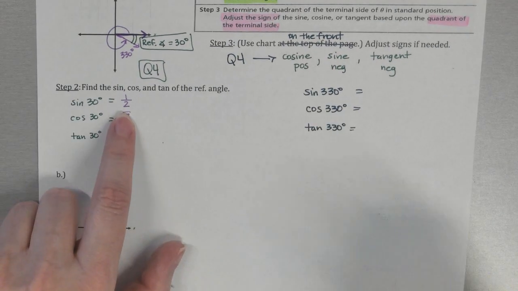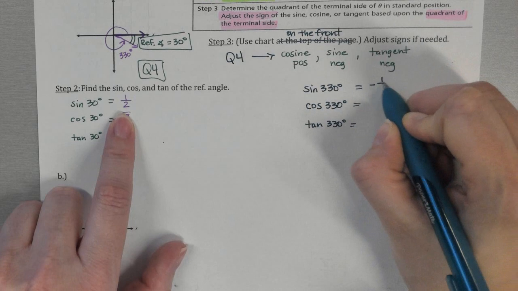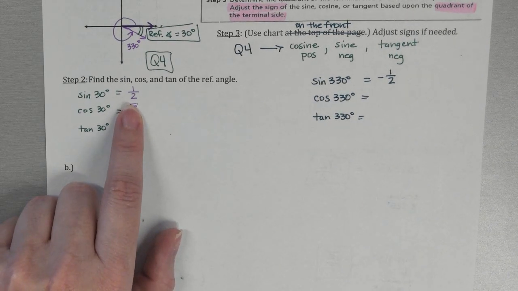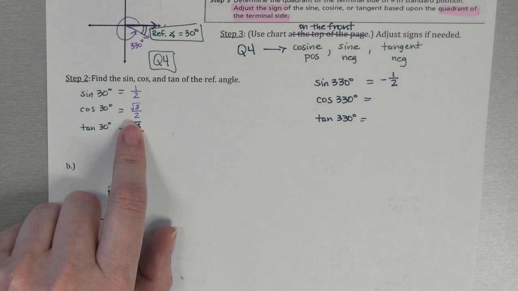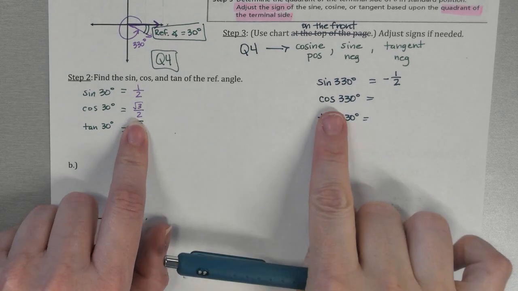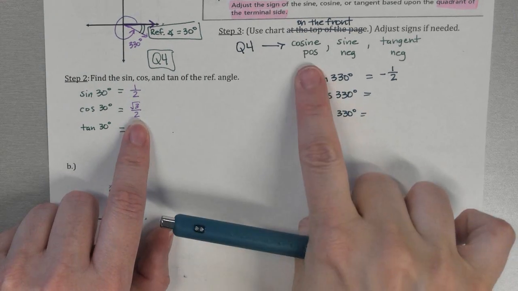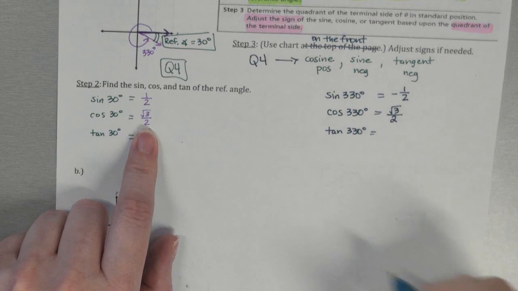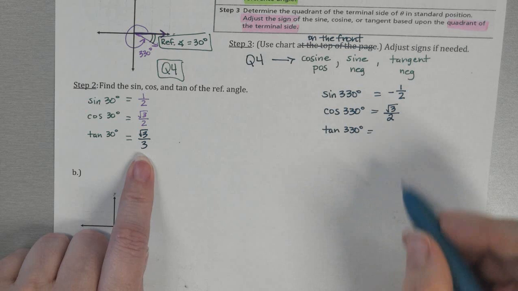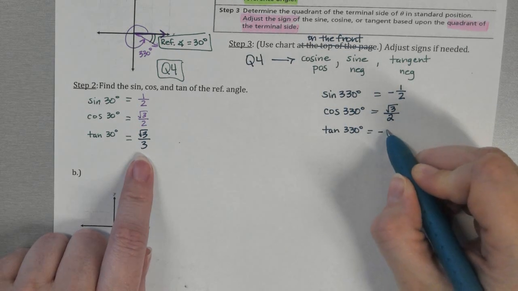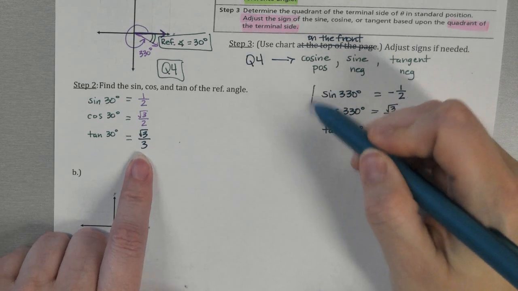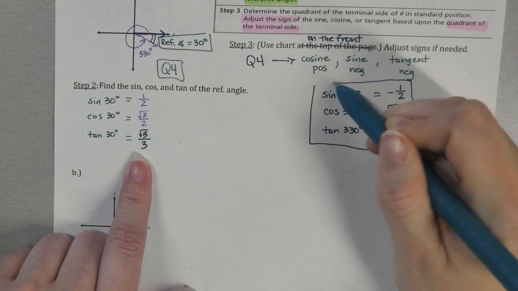So if this is 1/2, the adjustment is negative 1/2. And then your cosine, root 3 over 2, it's positive, so that's root 3 over 2. And then the tangent is now negative, so negative root 3 over 3. And this is your final answer.